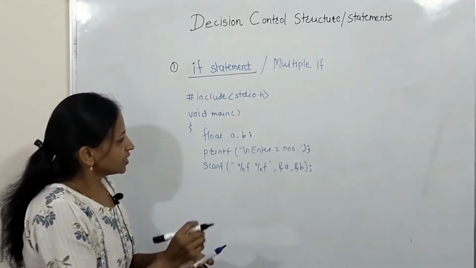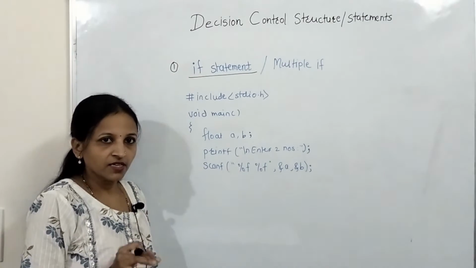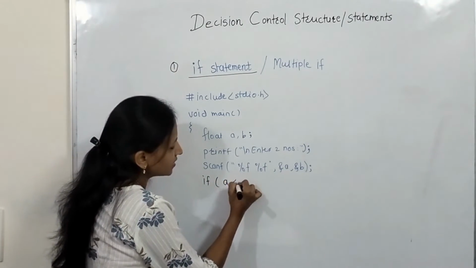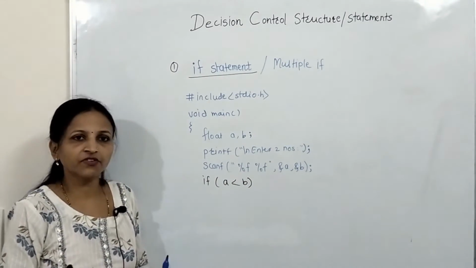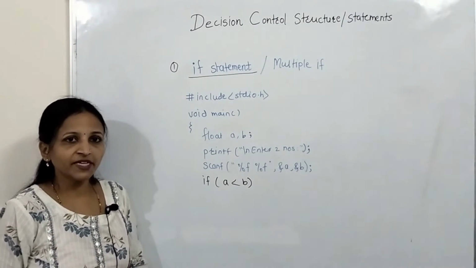Now see, we can use the if statement to do our task. How? I will write like this. If A is less than B. A is having the first number and B is having the second number. Then what should be displayed?